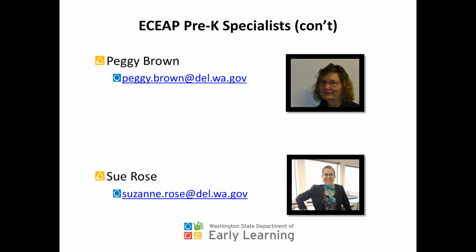Peggy, who's listed at the top here. Earlier, she was listed in orange, and she works mostly with contractors located on the peninsula and South Sound part of the state. Sue is listed in yellow and works mostly with contractors located in the greater Seattle area.